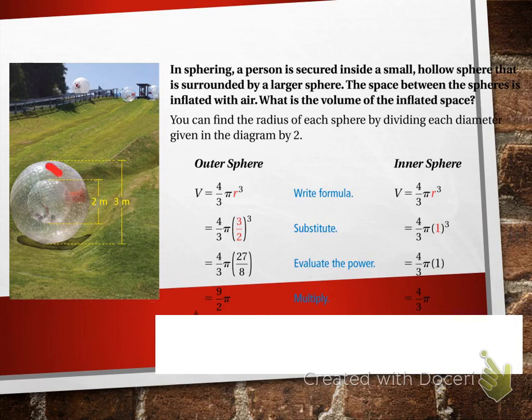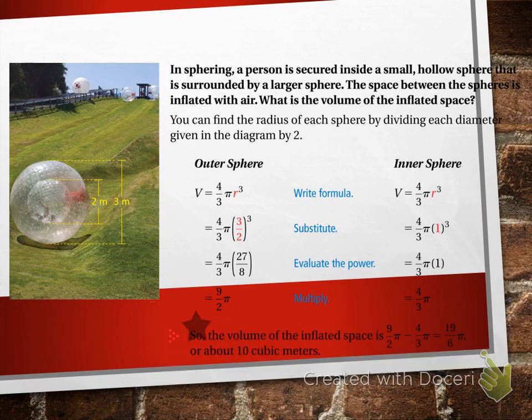To find just this outside area that's full of air, this inner tube donut part right there, you take the outer circle and subtract the inner circle. So the volume is the 9/2 pi minus the 4/3 pi, which is 19/6 pi. If you take 19/6 and multiply it by pi, you get about 10 cubic meters.